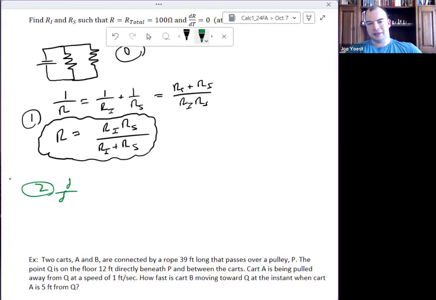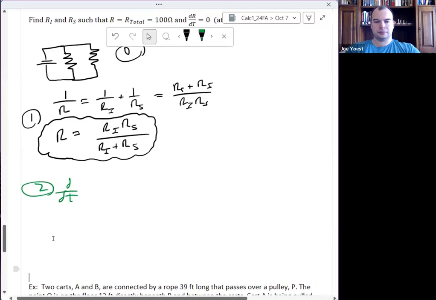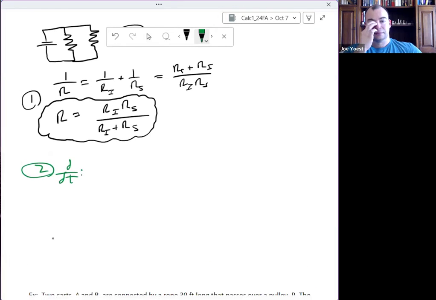Step 2, let me take d by d big T. And what does this tell me? Well, this tells me that big R prime equals, well, I'm going to choose to use this formulation because that's a lot easier to use than this crazy thing with a quotient rule and a product rule and all that.